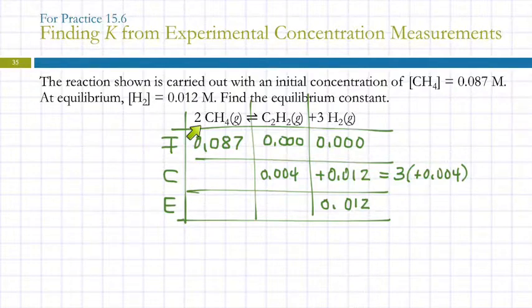So the change for the methane, is that going to be positive or negative? It's going to be negative. We started with reactant. It's going to decrease in concentration as the products increase. So this is going to be negative. And this is where it's helpful to take this and express it as 3 times 0.004, because this will go down by 2 times 0.004, which is 0.008.